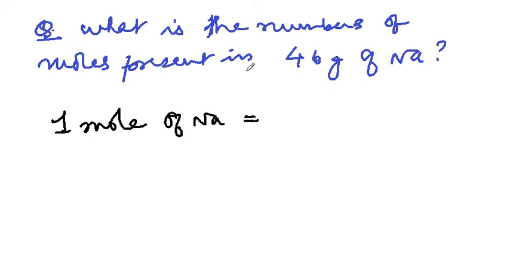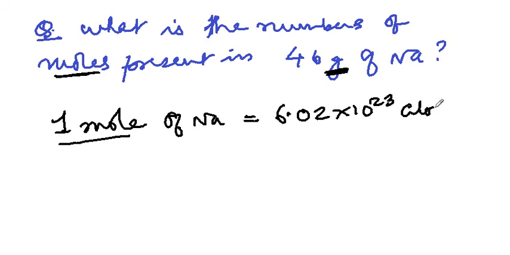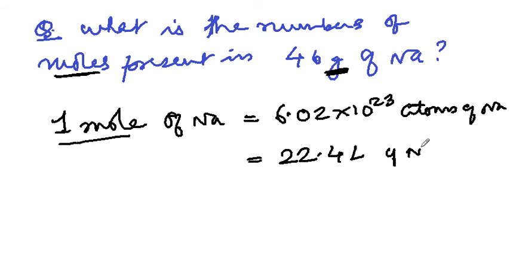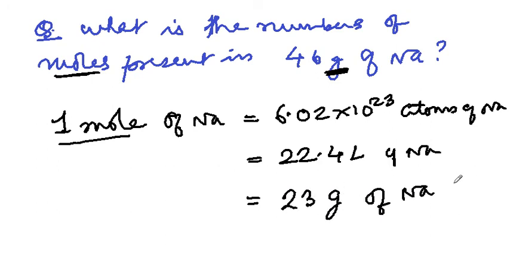that equals to, since they are asking us to relate the mole with the mass, we're going to use that. Let's say 1 mole. When we use 1 mole, we can have 6.02 into 10 to the power of 23 atoms of sodium. We will have 22.4 liter volume of sodium, and we will have 23 gram of sodium, which is the mass of sodium.